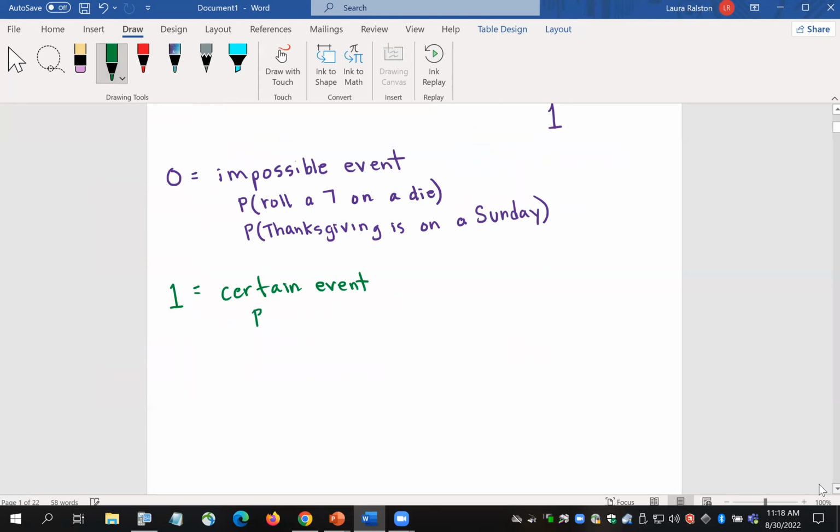For example, again thinking about the die, if we say that we roll a number less than 7 on a die, well, it's a 6-sided cube numbered 1 to 6. All the numbers are less than 7. So no matter what, I'm always going to roll a number less than 7.